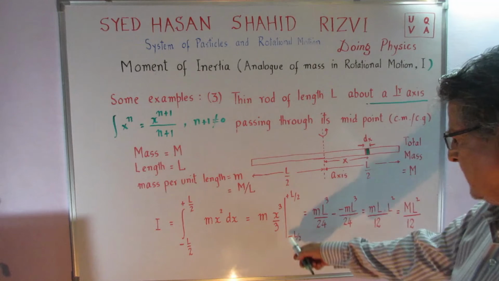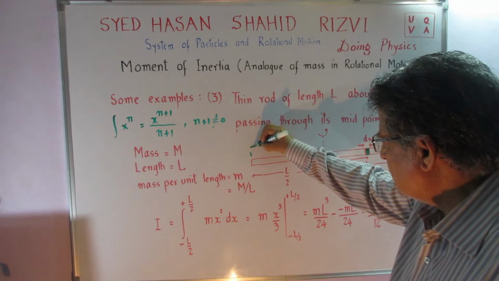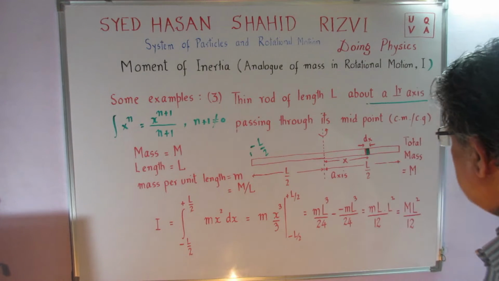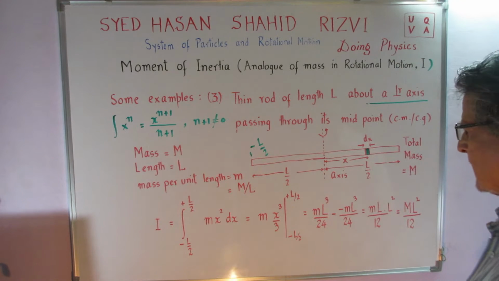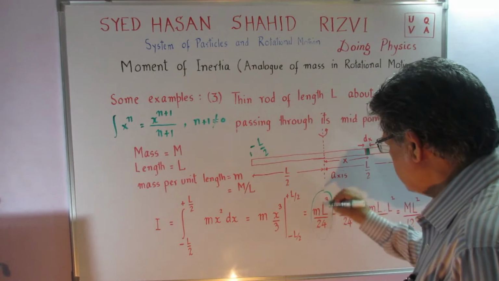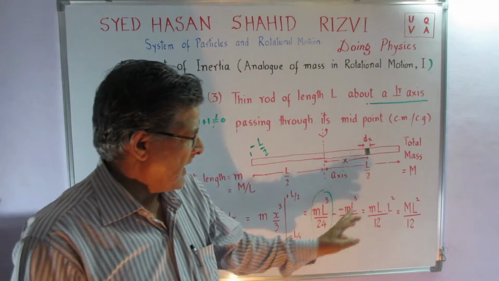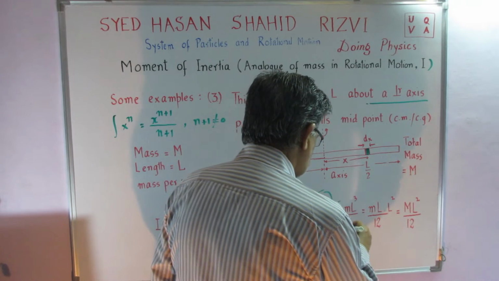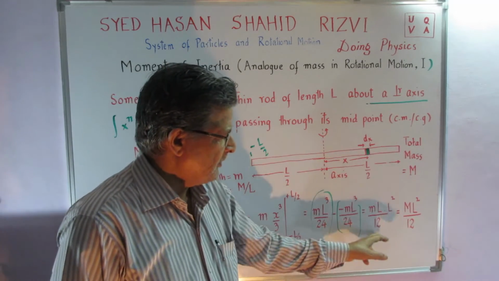And when we substitute the limits, minus L by 2 at this end, because we are going in this direction, and then plus L by 2, to take the whole body under consideration, we find ml cube divided by 24 minus ml cube, minus into minus makes it plus, so this turns out to be equal to ml cube divided by 12.